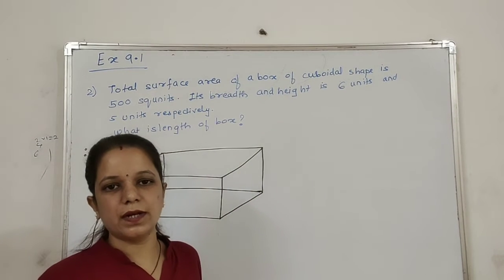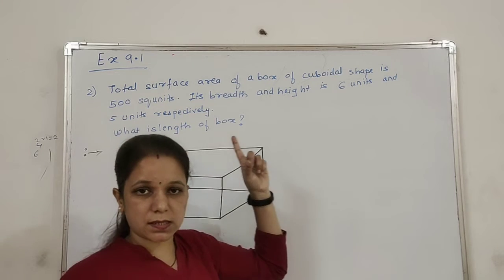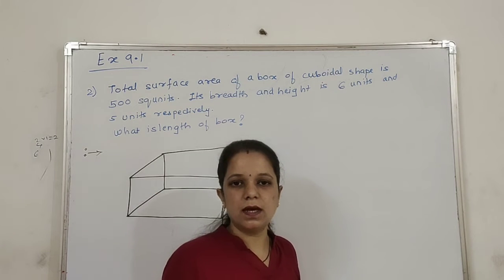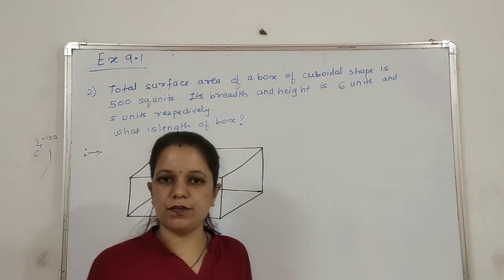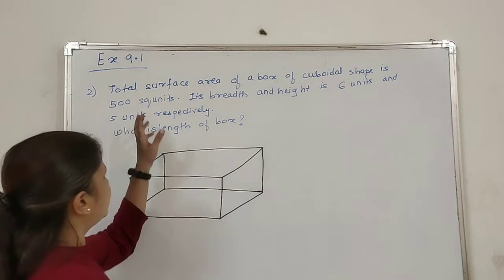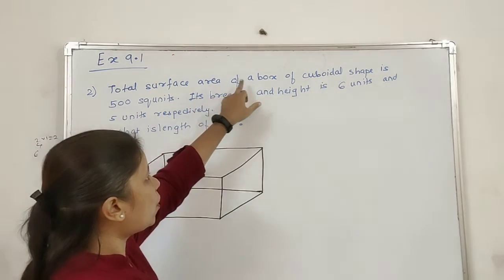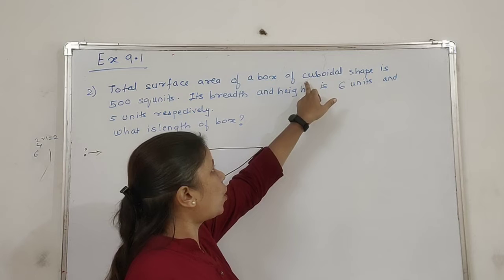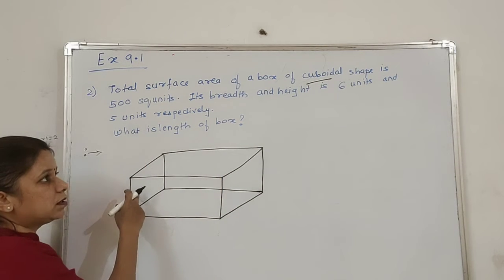Now we will come to question number 2 of practice exercise 9.1. I am solving each and every question because each and every question is different. Now here, first I will read out the question. Total surface area of box of cuboidal shape. So here I have drawn a cuboid.